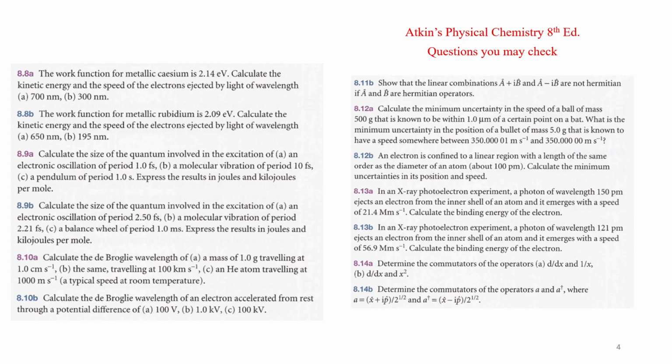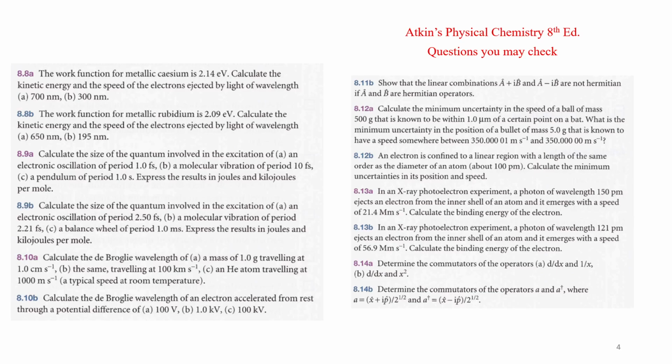8.13a. In an X-ray photoelectron experiment, a photon of wavelength 150 picometer ejects an electron from the inner shell of an atom and it emerges with a speed of 21.4 megameters per second. Calculate the binding energy of the electron.